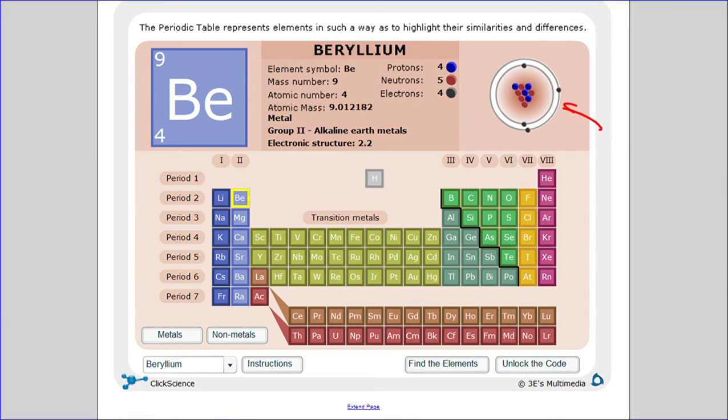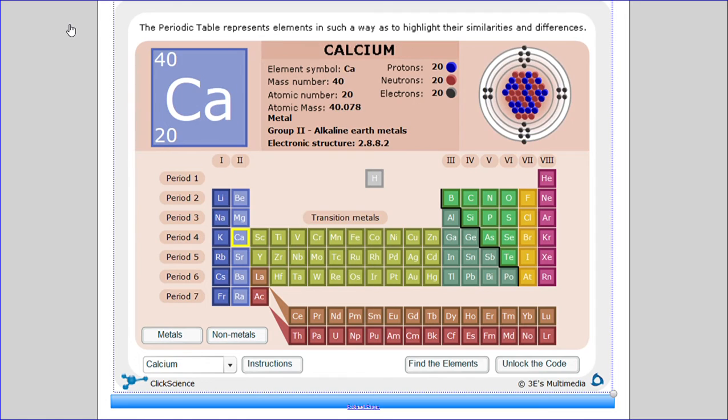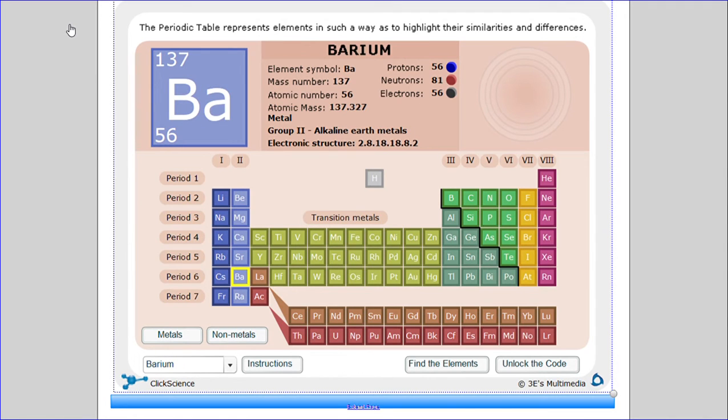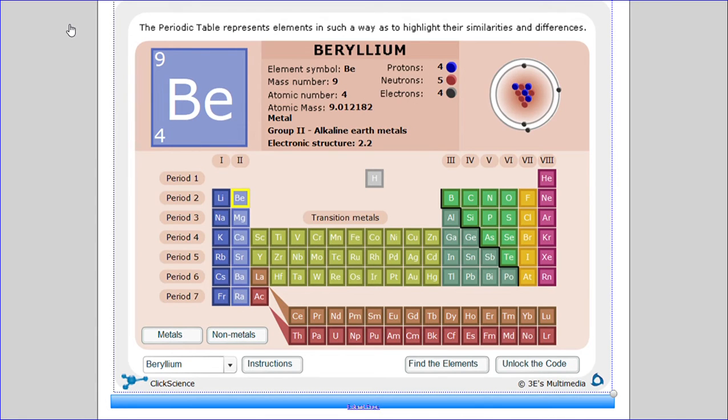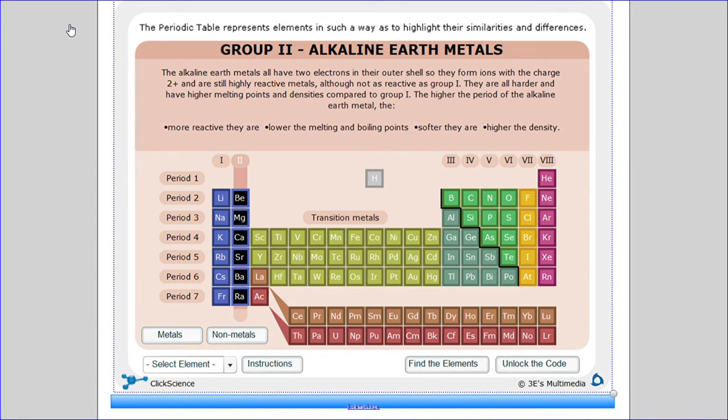And if you look at your periodic table, you'll see in the box that beryllium indeed has 2+ written down in the most common ion spot. In fact, magnesium, calcium, strontium, barium, and radium all have 2 electrons in that outside shell. So group 2 is known because they have ions with the charge 2+.